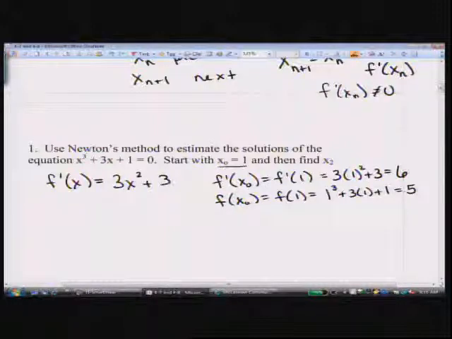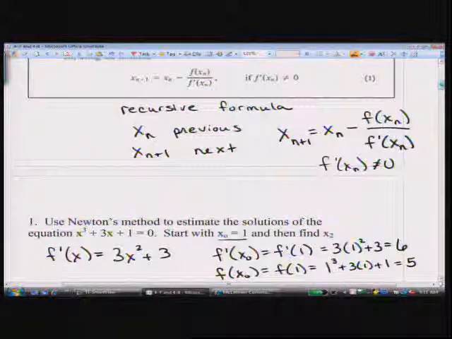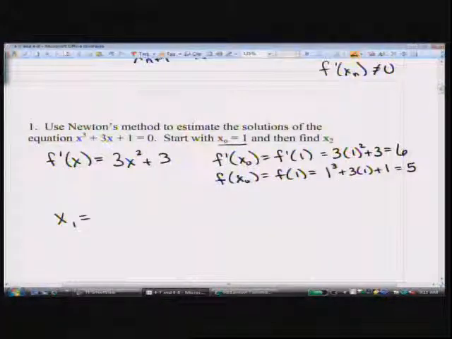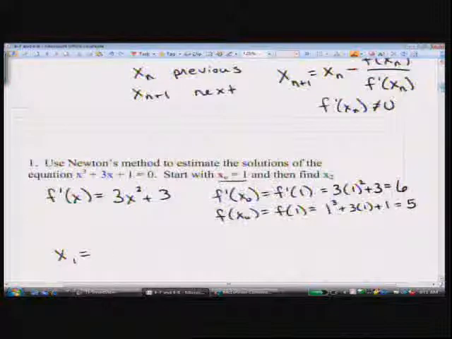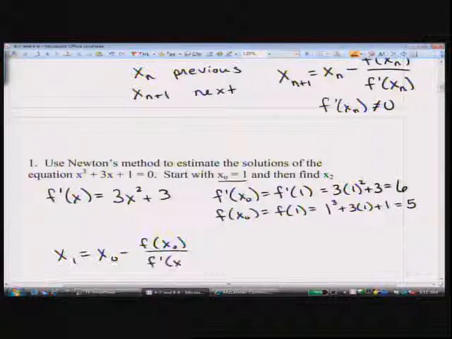And so what we do then is we say the next point, x sub 1 is going to be x sub 0 minus f at x sub 0 divided by f prime at x sub 0.